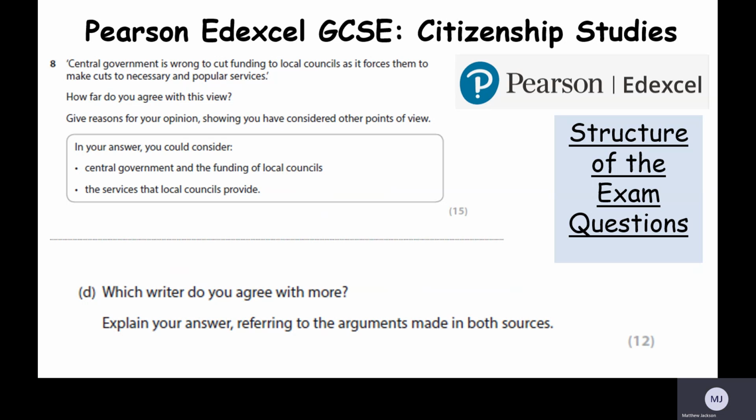There are also, at the end of the exam, really large extended answer questions. So 15 mark and 12 mark. 15 mark is the highest mark question that you'll get. The central government is wrong to cut funding for popular services. How far do you agree with this view?